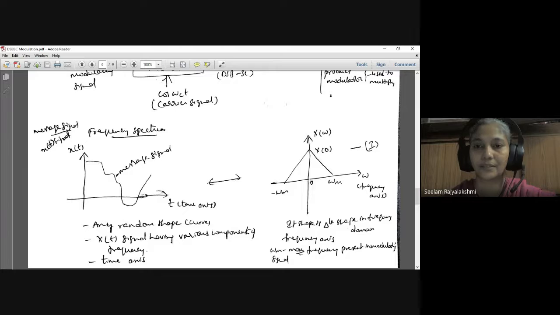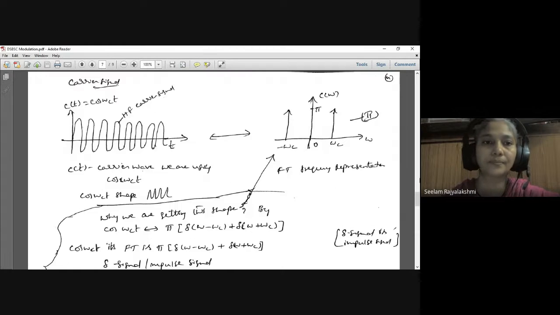Here we can observe the shape is a triangle in the frequency domain. Here omega m is the maximum frequency present in the modulating signal. So this is the frequency spectrum for the message signal.